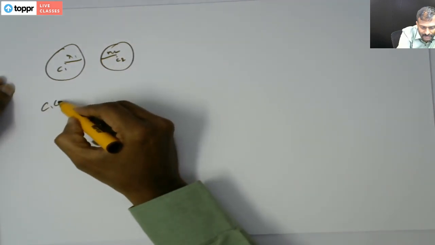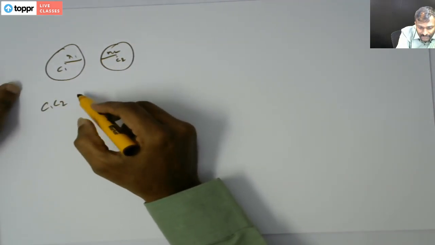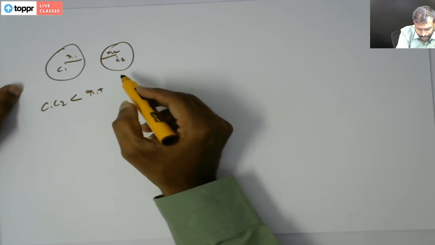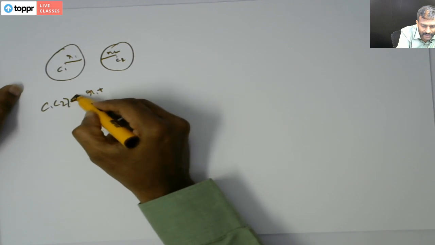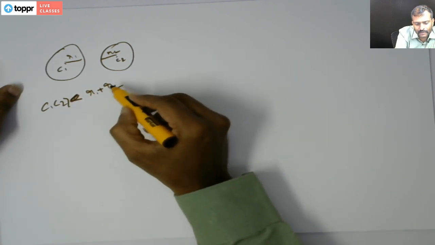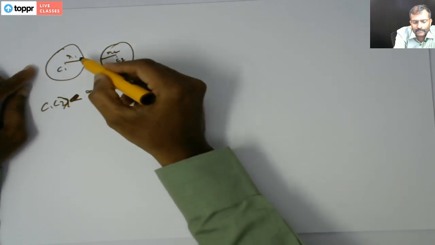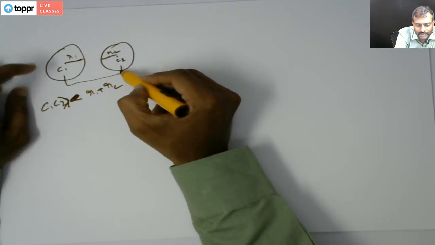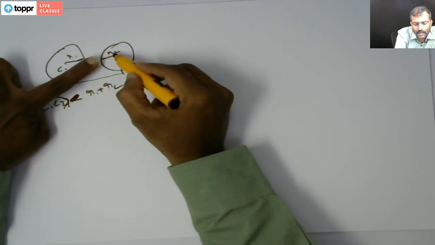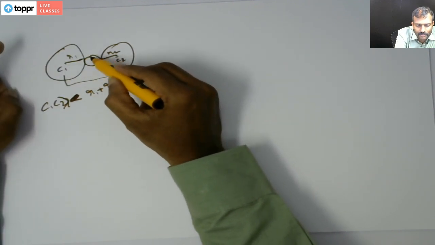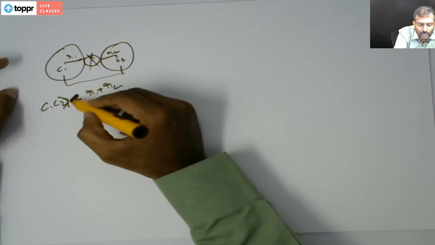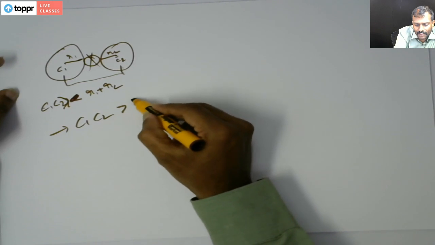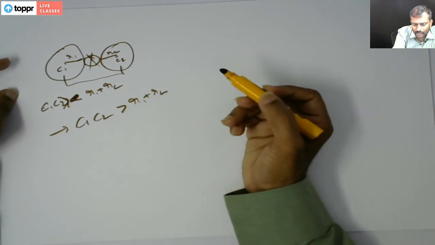Then the distance C1C2 will be, I'm sorry, greater than radius 1 plus radius 2. Because the distance between C1 and C2 is this entire thing, but R1 and R2 are the parts, which miss out this region. So the distance between C1 and C2 should be greater than R1 plus R2.